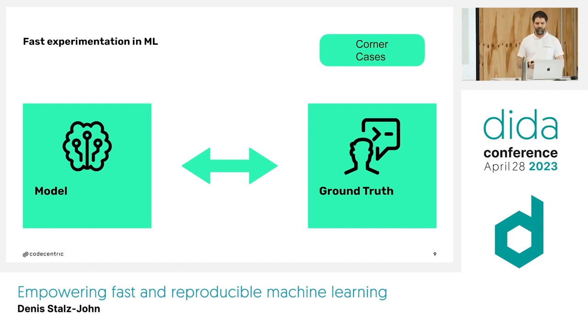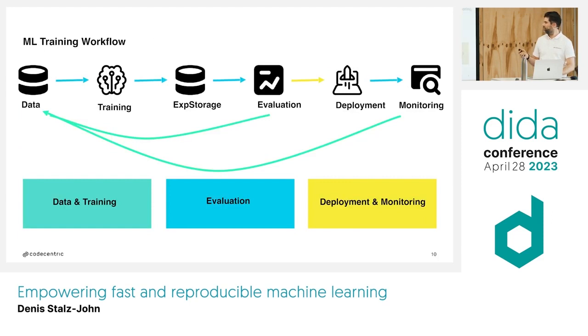And now I want to continue on our machine learning training workflow, and will explain how we managed to incorporate those things into it. So we have from the left to the right, at first the data, which is used to train a model.